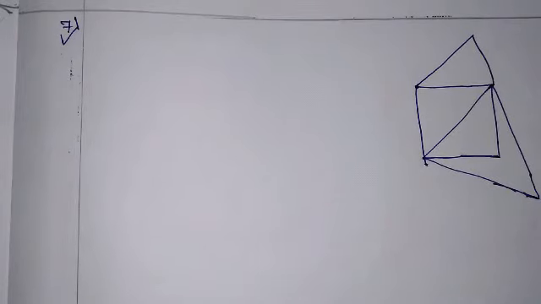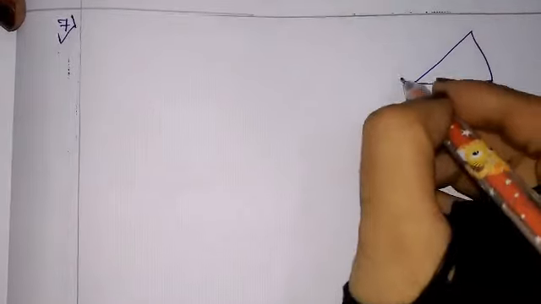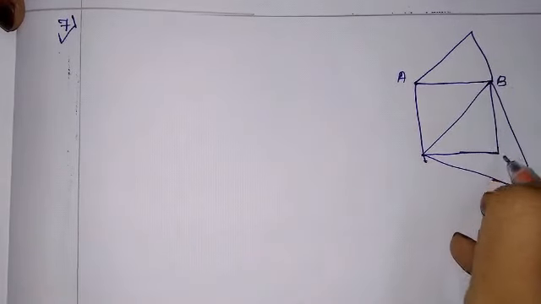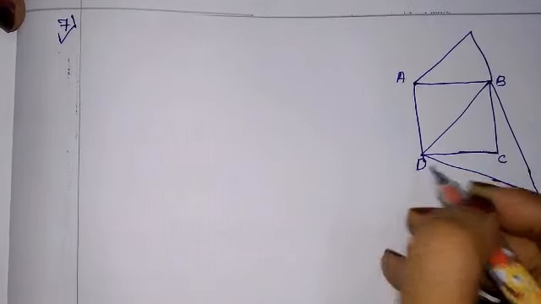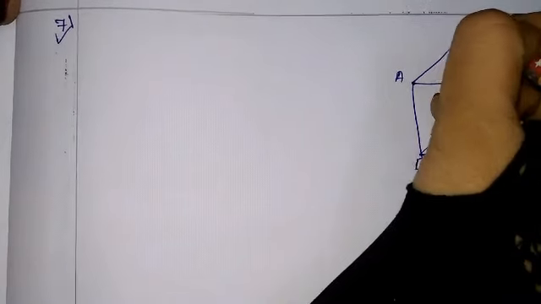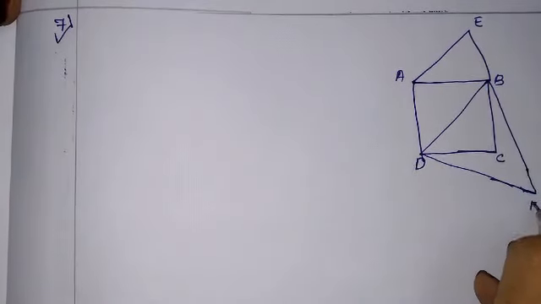Let me write the names. ABCD is the square. Now let us give E this name and F this name.